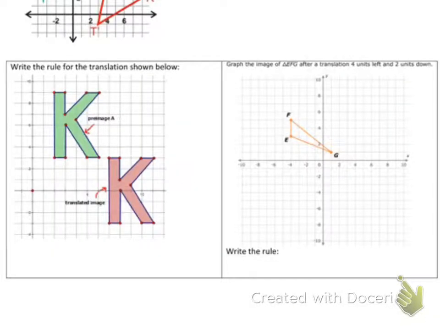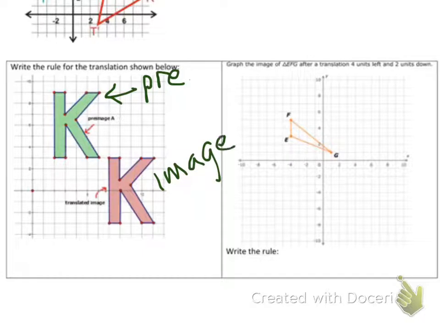All right, so if we look at a transformation that's already been done, here's our pre-image in green, and here's our image in red. What you do is you just pick any one point and see what's happened to it. If I take this point right here on the lower left side of the K, I see that it goes right there.